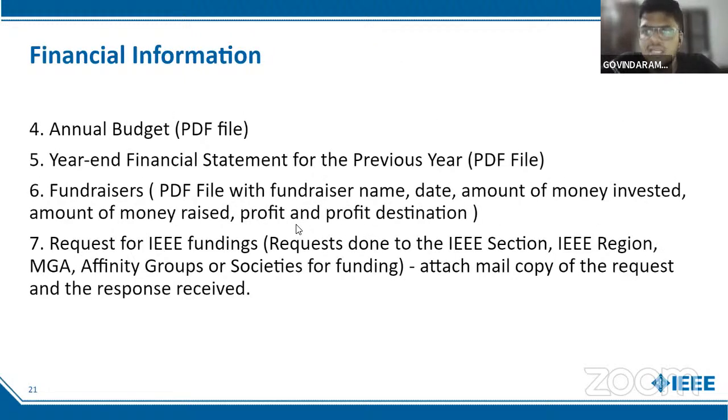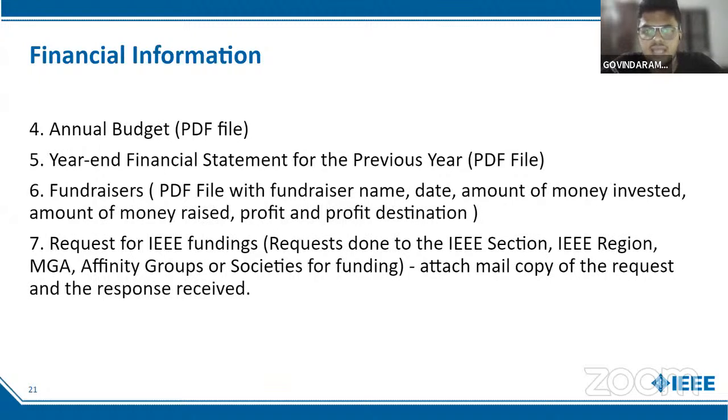Then the financial information. In that, the annual budget of last year means how much amount you had at the beginning of 2021, and what was your plan for expenditure. That is the annual budget.